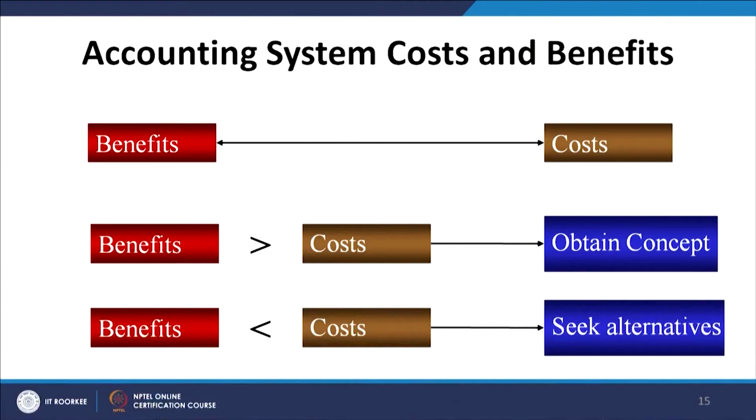Whatever actions we take in management accounting are directly related to benefits and cost. No GAAP is required, no balance sheet is required, no profit and loss account is required. You draw that information from the financial accounting statements and cost accounting statements, but your decision making under management accounting will be largely based upon two things, that is the benefits and cost.